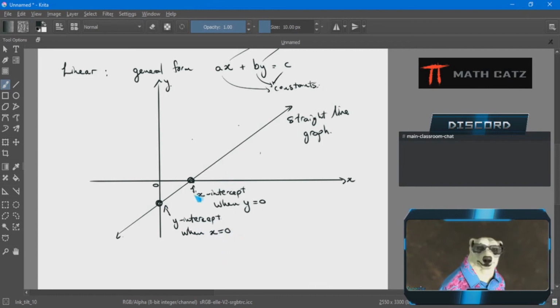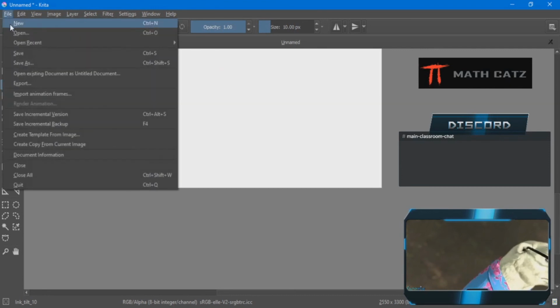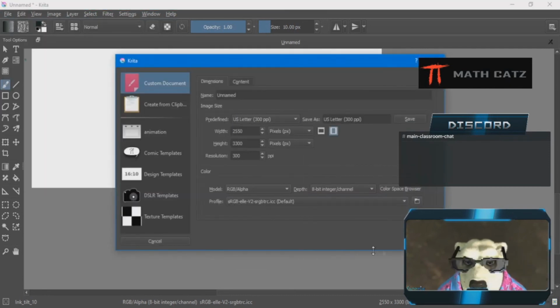So if we have a specific example, we can find the x- and the y-intercepts. Can I squeeze it in here? I don't want to. Let's make a new page.